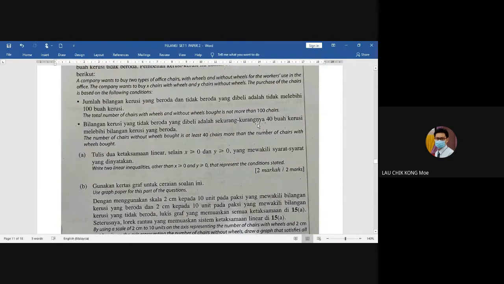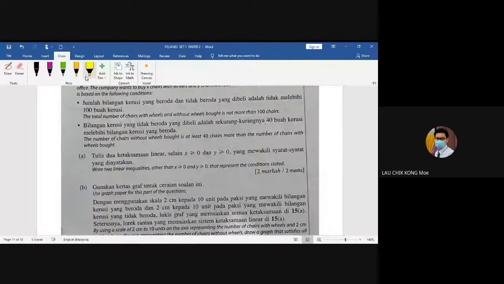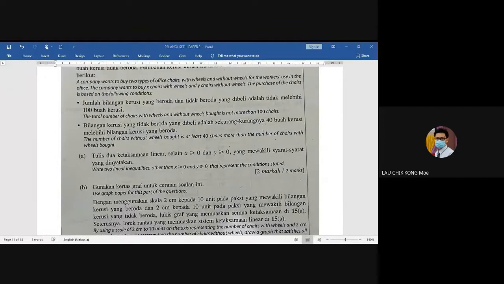So first of all, maybe we can write down, you are already given X is a wheel chair, and Y is without wheels office chair.